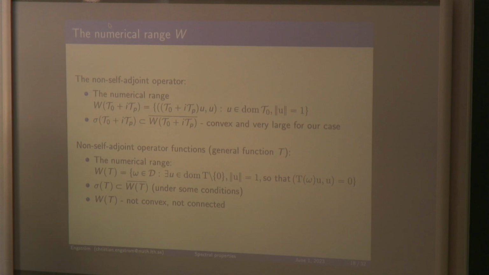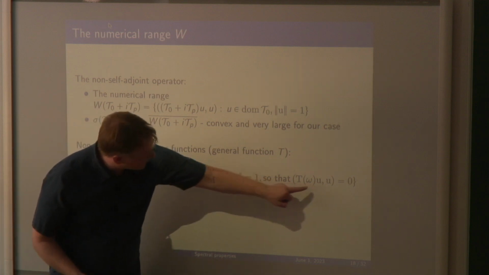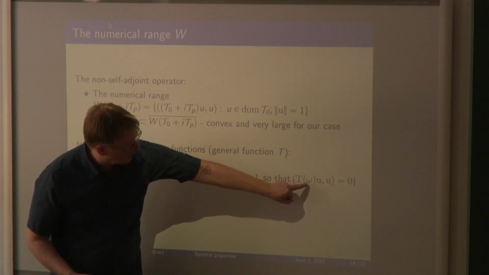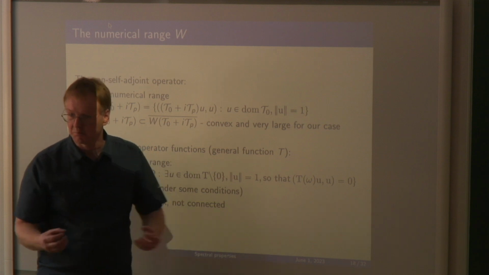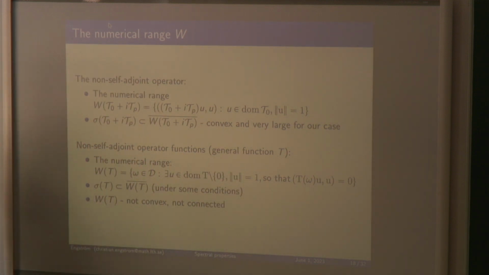But we can do the same thing with the operator function. And then what's different is that we need to solve this kind of problem. So it will be a function of omega here, something we can solve for each u. And this set should also contain the spectrum, at least the closure, as usual.